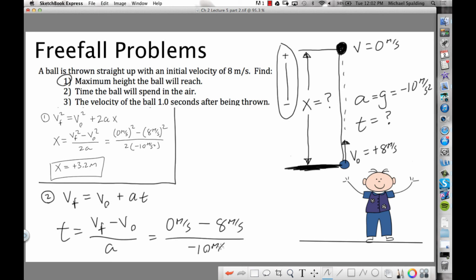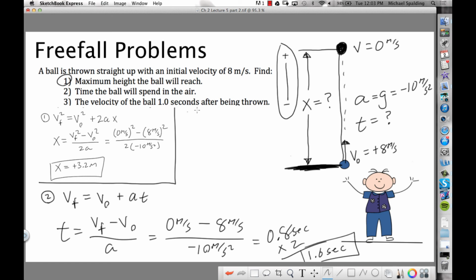Acceleration is negative 10. The negatives cancel, and we get 0.8 seconds. Because that's only time up, take the 0.8, multiply by 2, we get 1.6 seconds. So total time in the air, assuming it returns back to his hand, is 1.6 seconds.